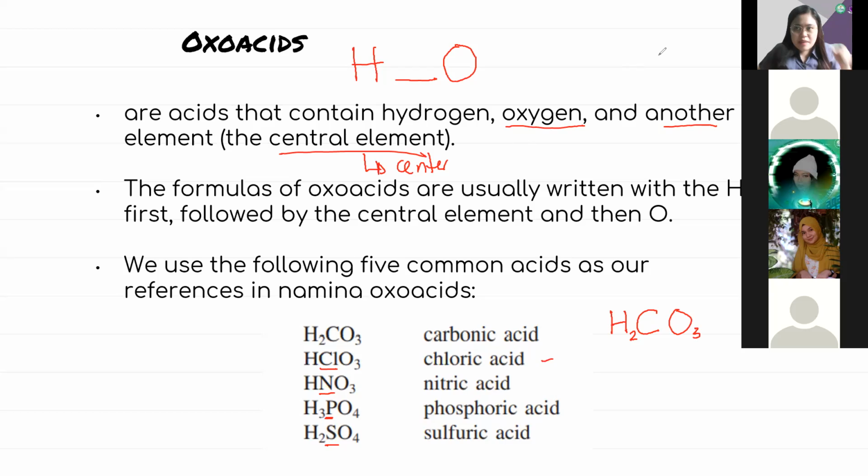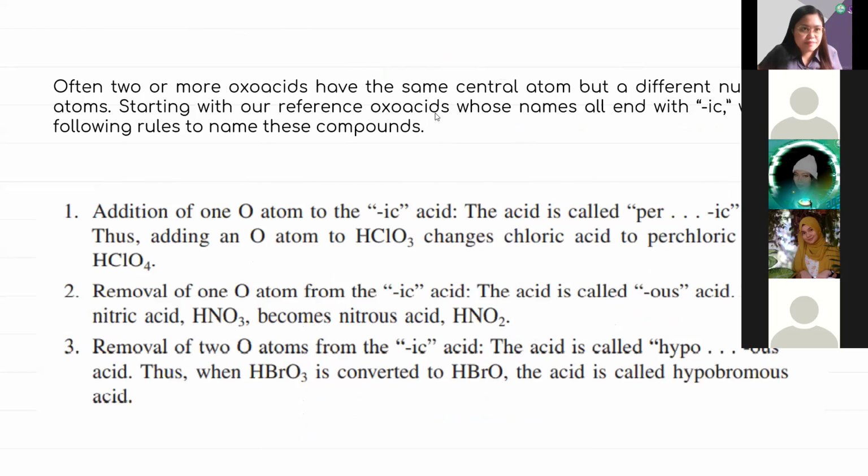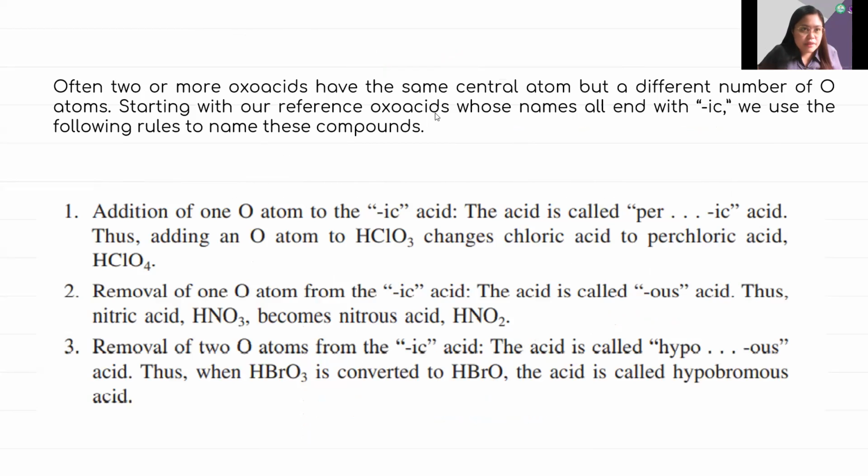But how do we name them? We have a system for naming. So what are the guidelines? Often two or more oxoacids have the same central atom but a different number of oxygen atoms.